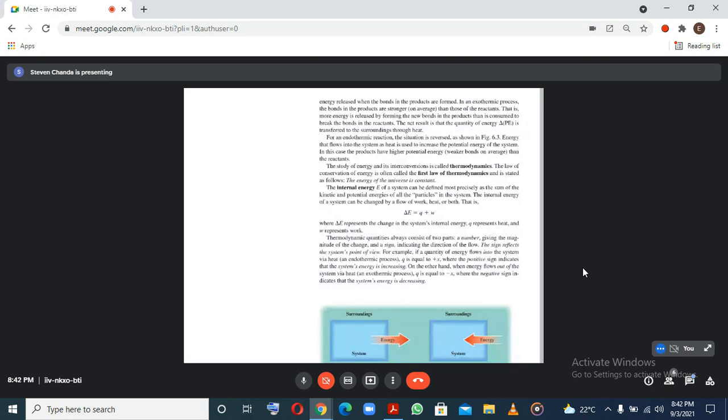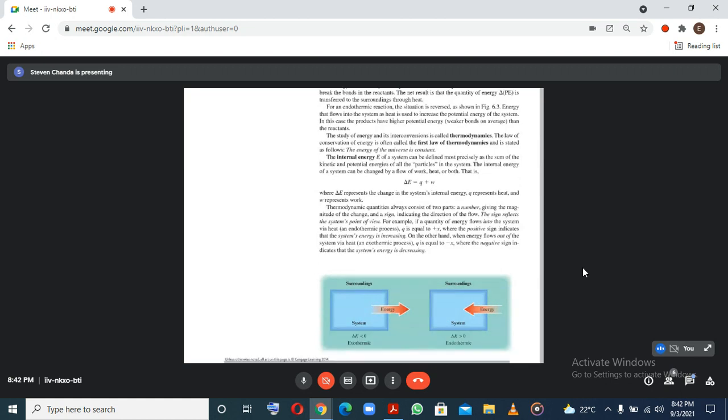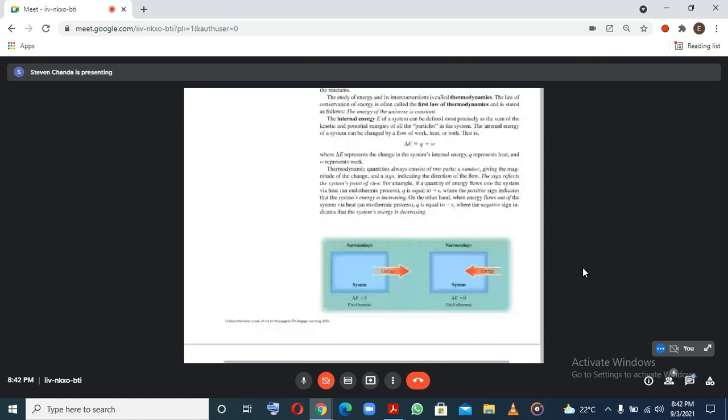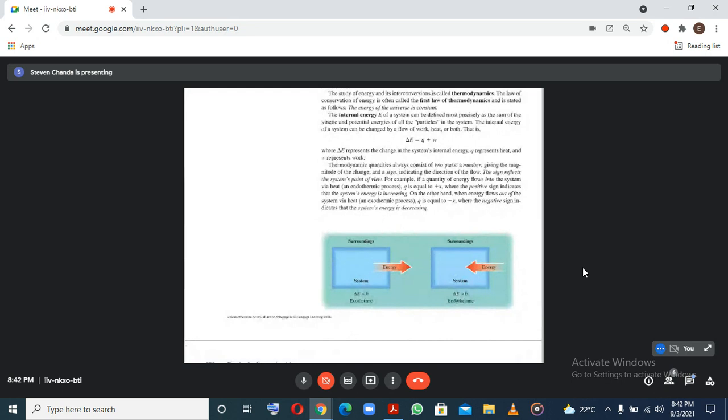This now brings us to thermodynamics. What is thermodynamics? Thermodynamics is the study of energy and its interconversions. How is this energy moving about? How is it being transferred? How is it changing? That's very important to take note of.